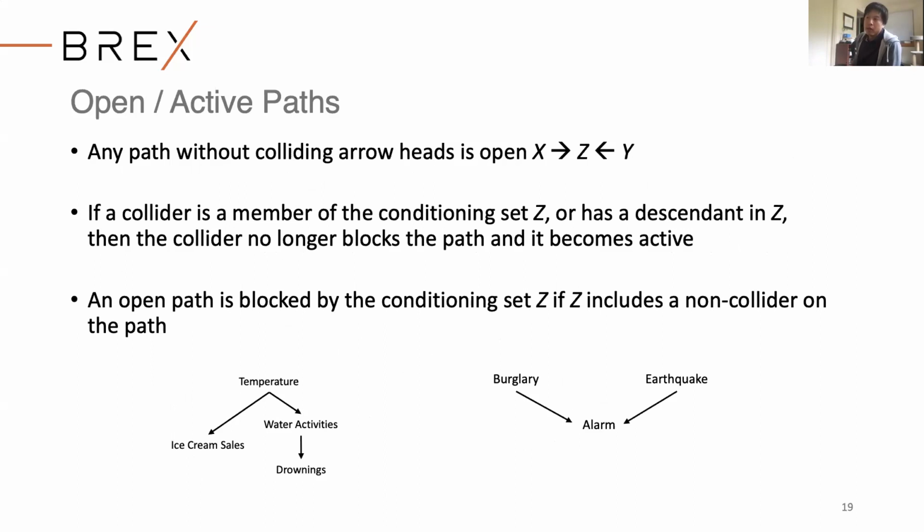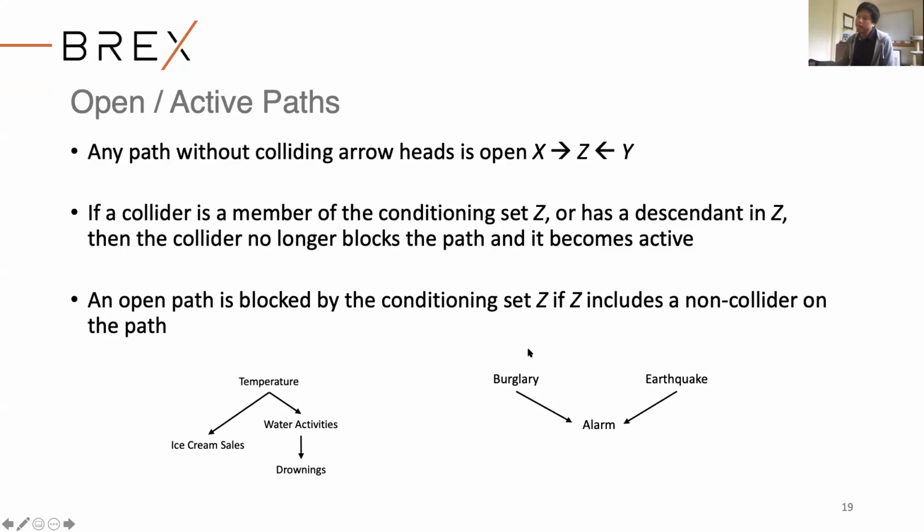You can think of open paths through the graph as transmitting correlation or dependency, and blocked paths do not. So how can I see that from a graph? There's a technique called d-separation, and that's what I'll describe here. Basically, any path in the graph will generate correlation through it unless there are two colliding arrowheads.